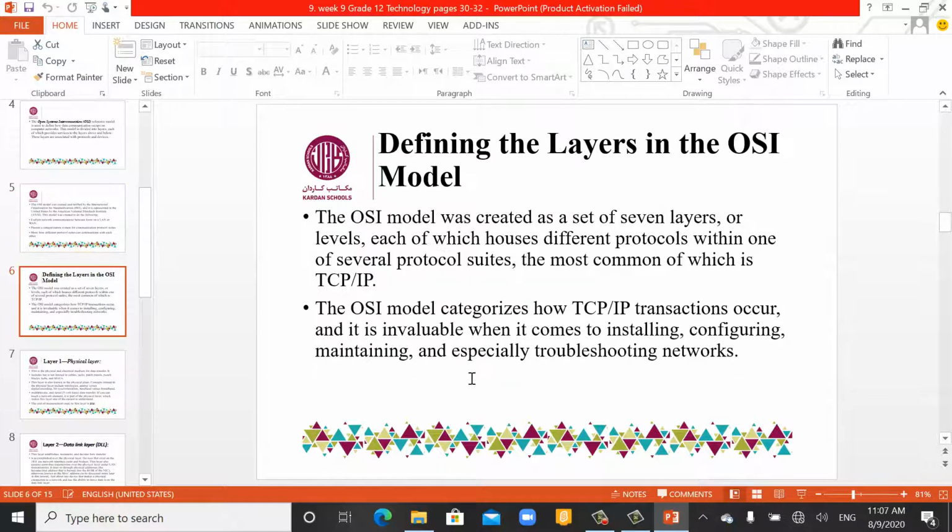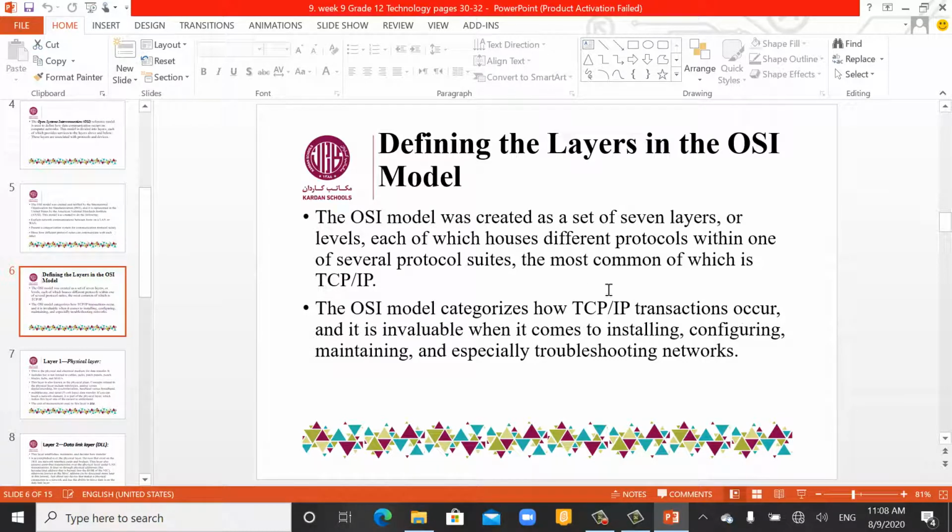We will study this. So this OSI model has a set of 7 layers, and each of these houses different protocols within one of several protocol suites. The most common is TCP/IP, Transmission Control Protocol and Internet Protocol. The OSI model categorizes how TCP/IP transactions occur.